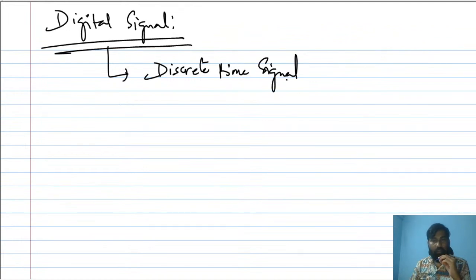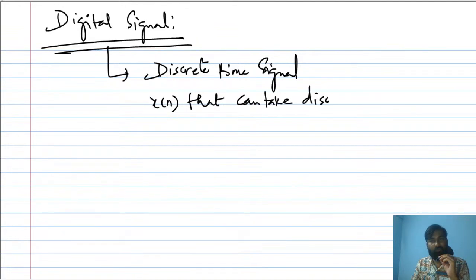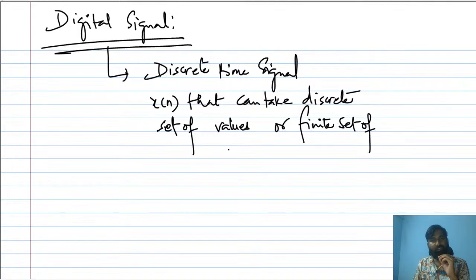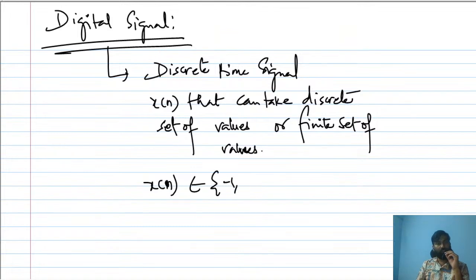You can say x of n can take a discrete set of values, or a finite set of values. In the exam it will be shown as x of n belonging to minus 1 and 1.